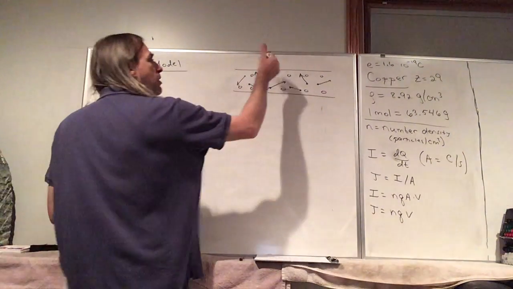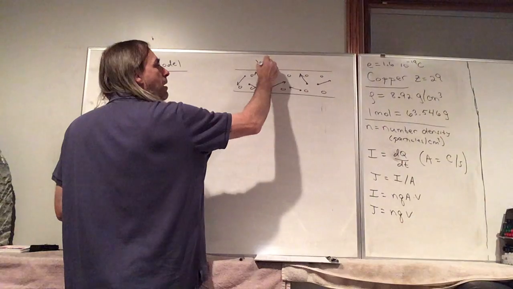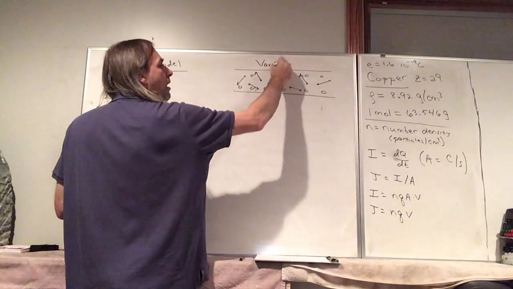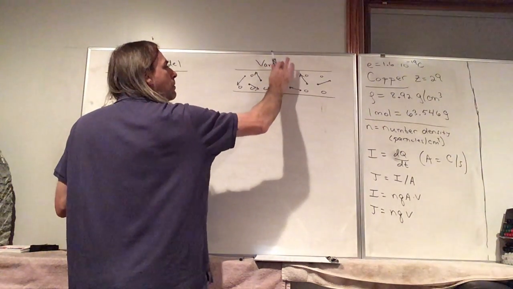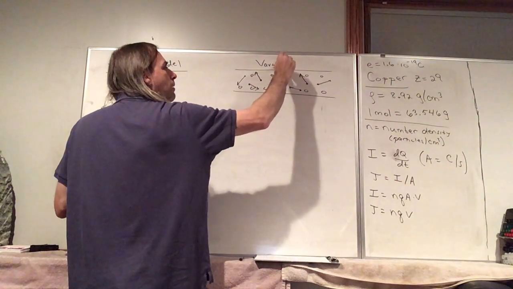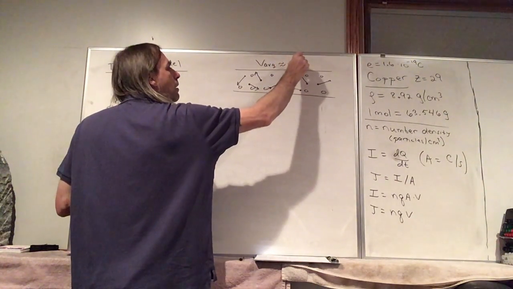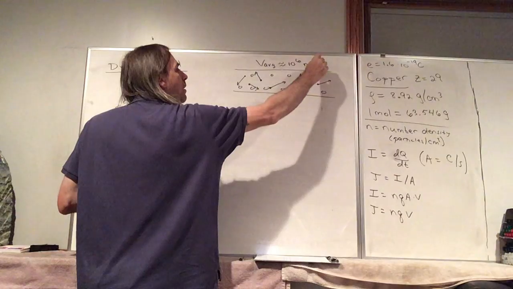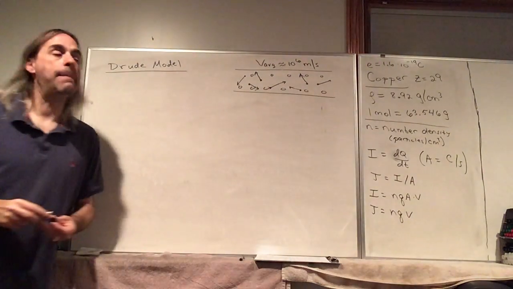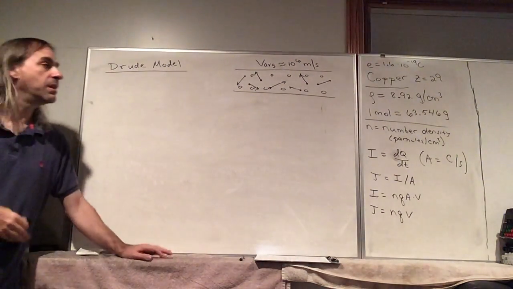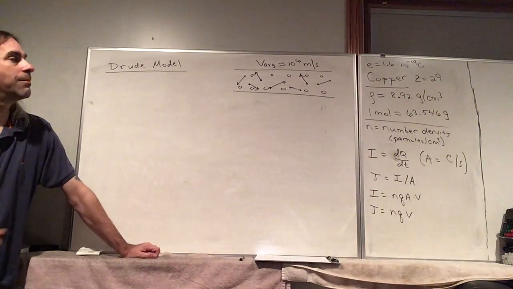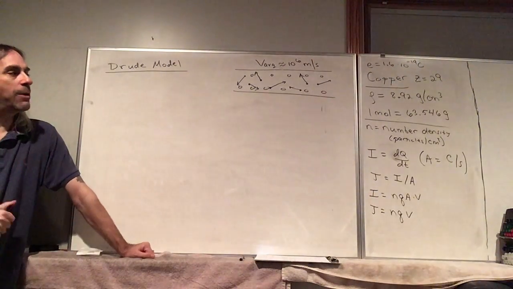Typically, the average speed of an electron in a conductor is somewhere around 10 to the 6 meters per second. So again, they move around extremely rapidly, but totally randomly.